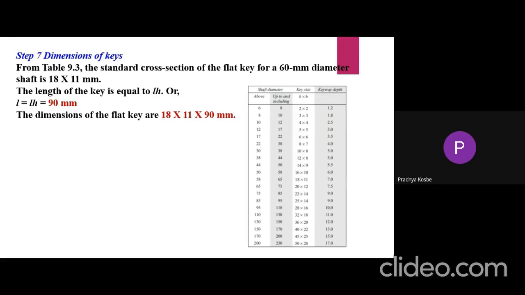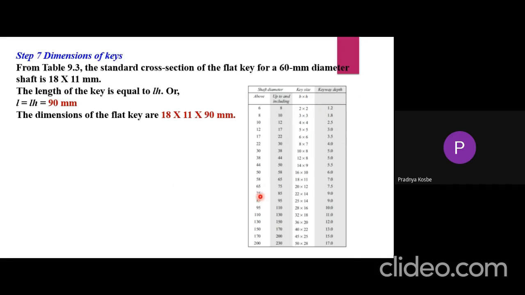This is the table from Bhandari, and this is table 9.3 for key dimensions. If shaft diameter is 60 mm, then this is the dimension for flat key. Mainly we use a flat key. So above and up to, and key size is given b into h, and key depth is also given over here.